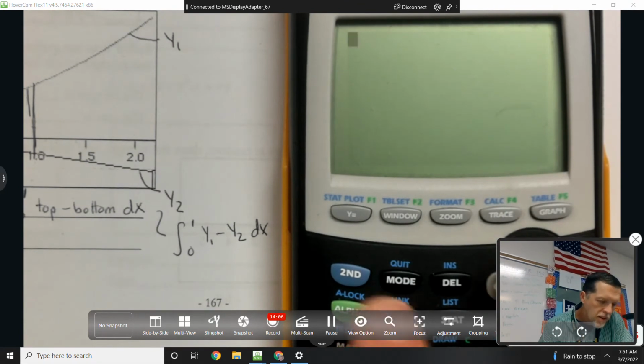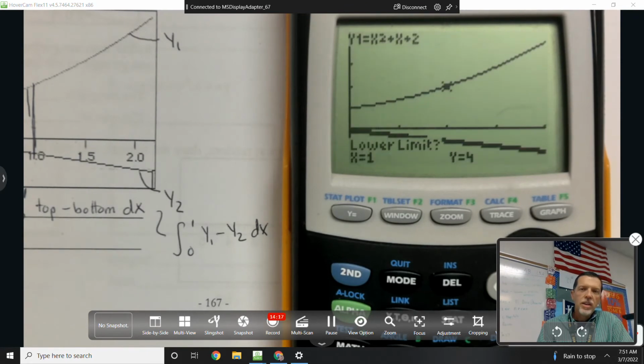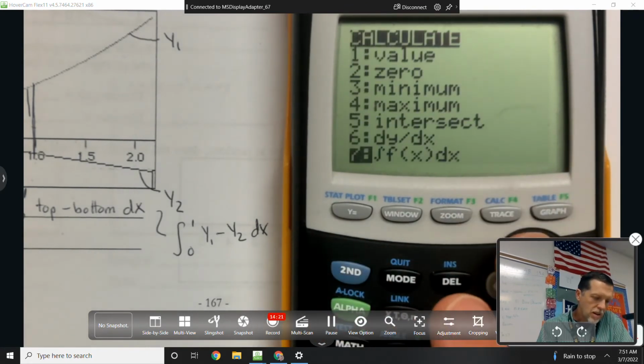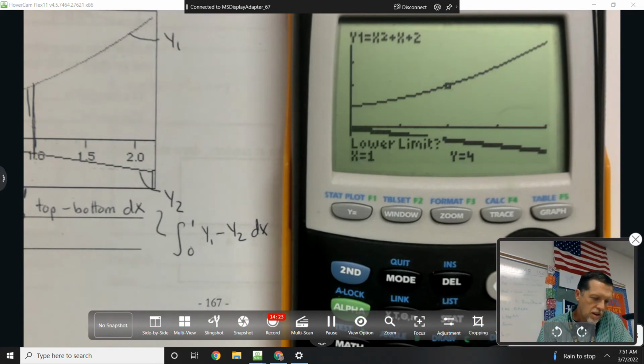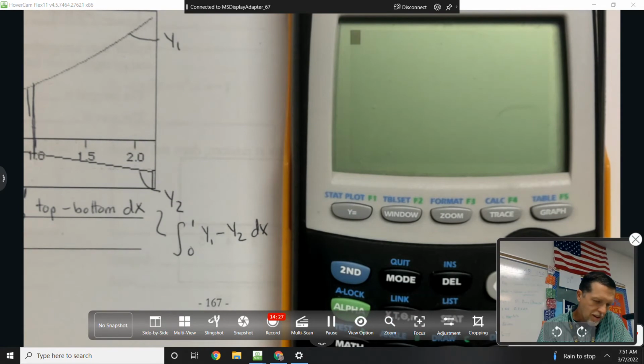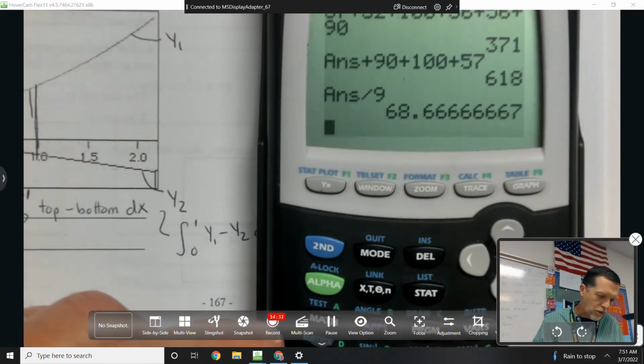Let's see, second calc. I want to calculate some stuff. We'd like to do an integral. Whoops, that's not what I want. Where is it? That's usually where it is, I thought.